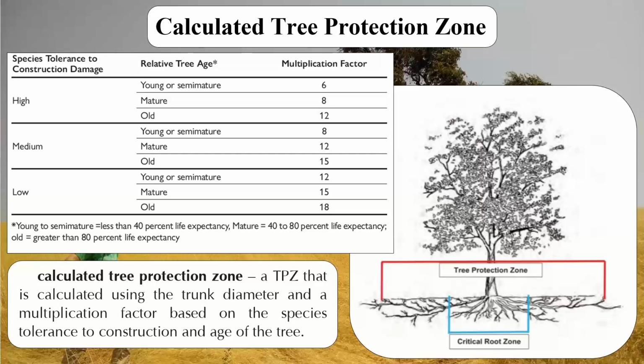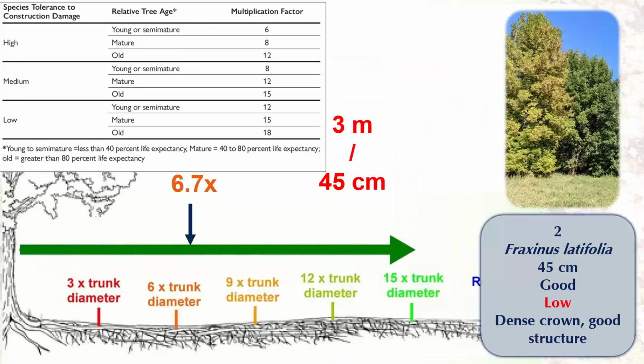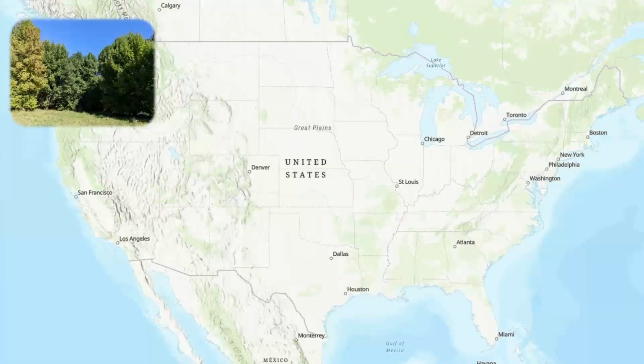And so I'm going to bring this table into what we were working on before here. Fraxinus latifolia, in my experience, all Fraxinus have high tolerance to construction damage in all the places that I've worked. But I really have mostly worked on the West Coast. I've worked a little bit in Ontario, a little bit in Florida, and some other places that might be somewhat relevant here.